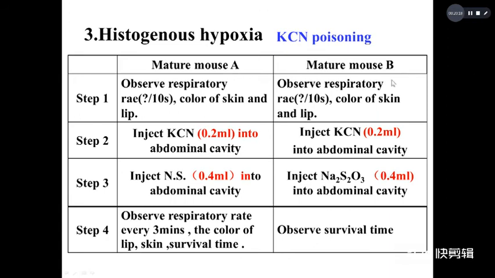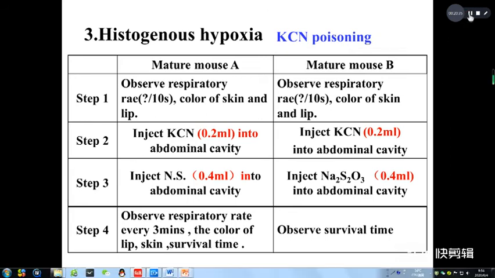Now, mature mouse B. First, you observe the normal respiration and the color of skin and lip. Now, inject cyanide 0.2. Now, the next. The animal first is injected with cyanide and next with sodium sulfate.